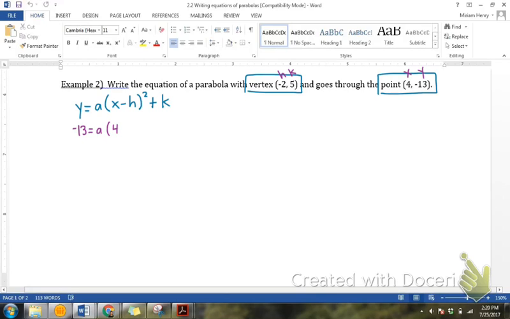What's it going to look like when you plug in your H? It's going to look like +2, right?